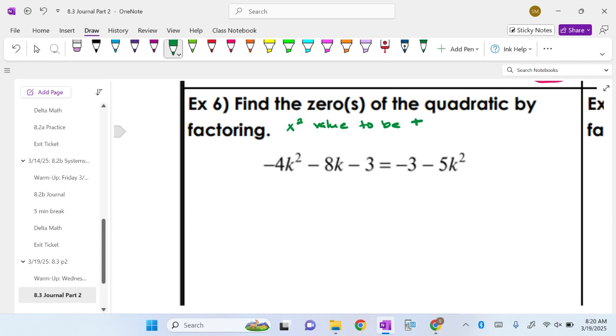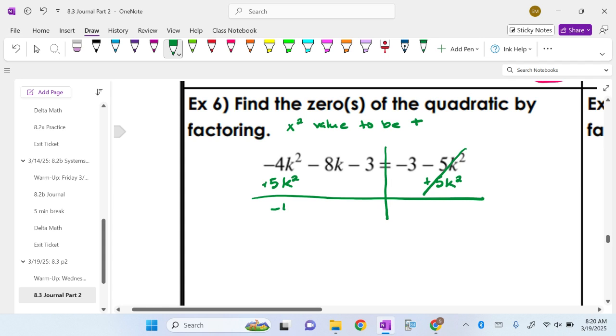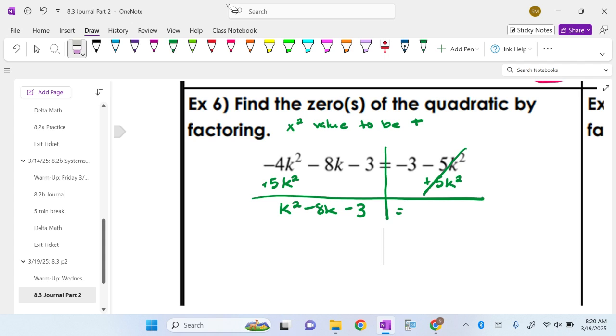So in other words, should I move the 4k squared to the right or the negative 5k squared to the left? We would move the negative 5k squared to the left. So I would add 5k squared to both sides. So that goes away. I get not negative 4k. I get 1k squared minus 8k minus 3 is equal to negative 3.